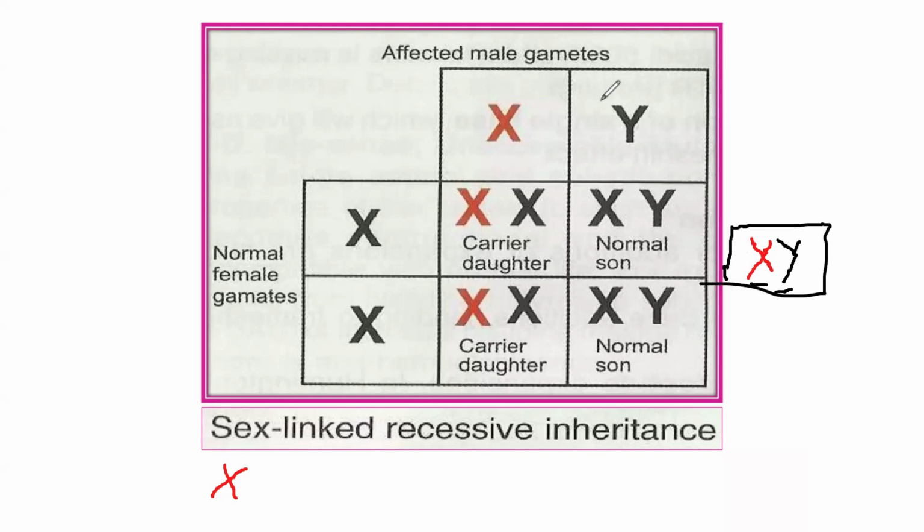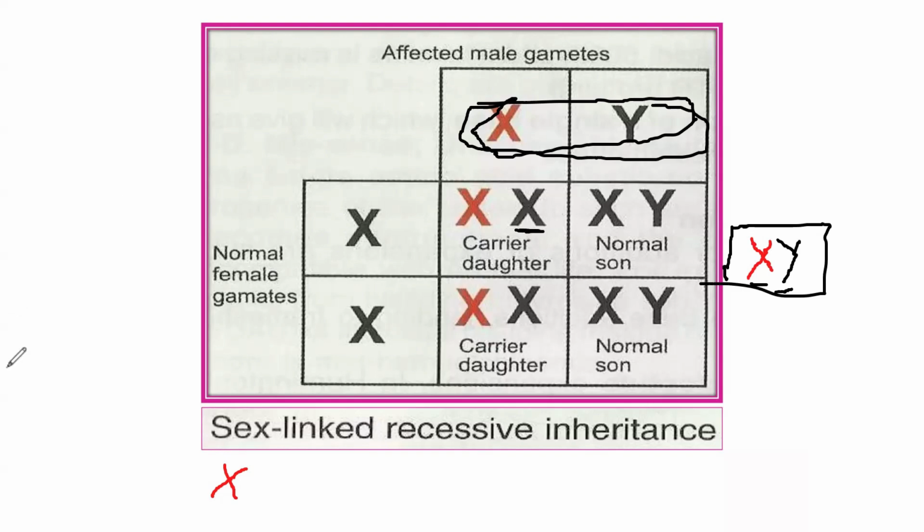So if this affected X is crossed with Y, like for example, this is of course the affected male gamete. Usually sex-linked recessive inheritance only affects men. And of course, females usually become carriers because of this X chromosome.